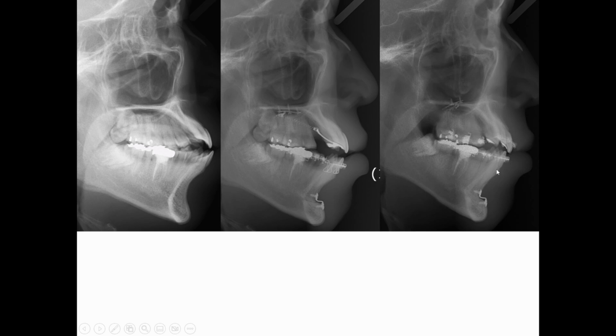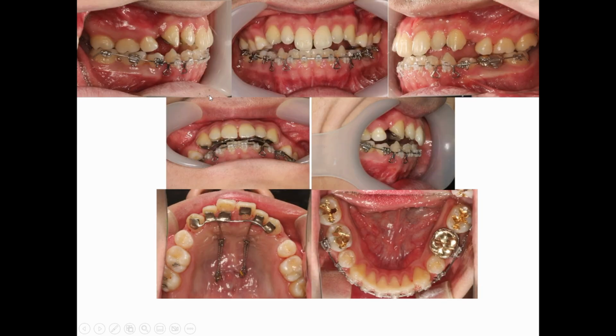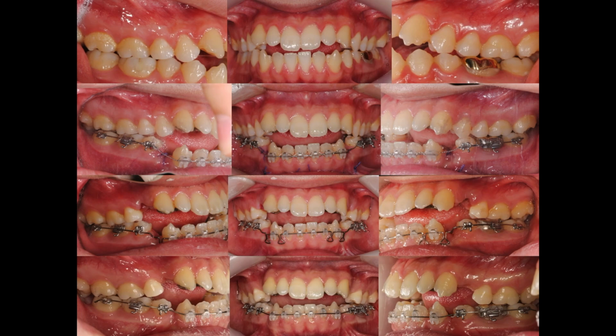Look at the bodily, almost we push back the lower part back and upright anteriors. It means bodily nicely retraction.